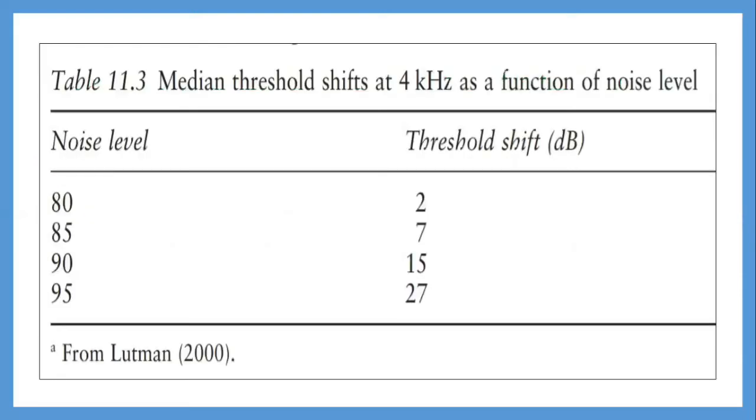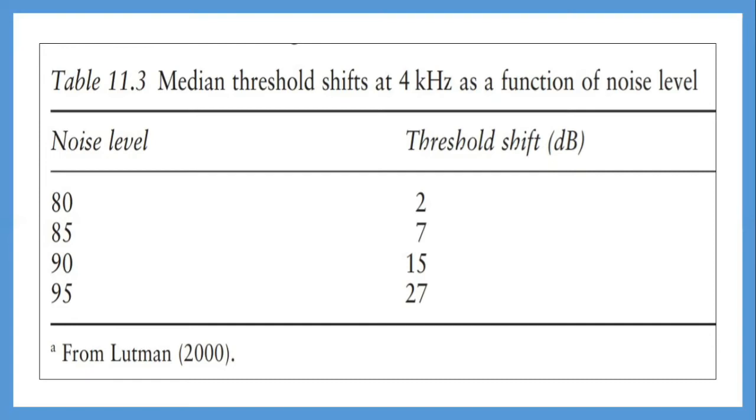Now, as you can see in table 11.3, it gives the median threshold shifts associated with different noise exposures. And as you can notice, the loss at 80 decibels is negligible, but the risk rises rapidly around 85 to 90 decibels. Exposure to levels as high as 95 decibels poses a serious threat to hearing.